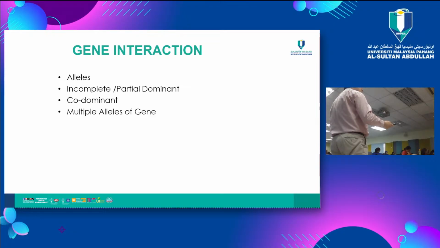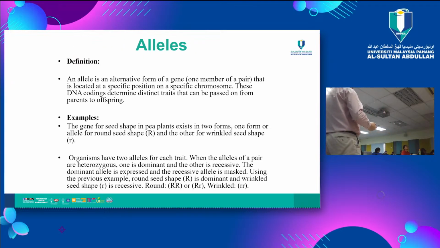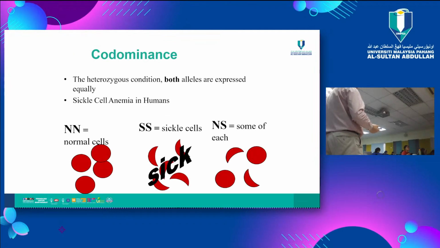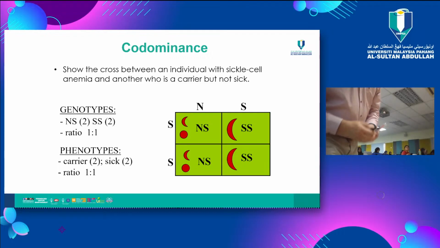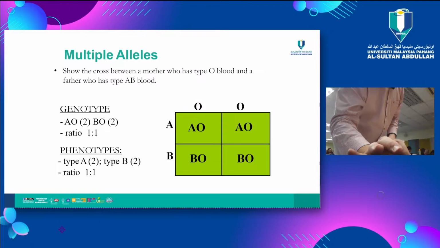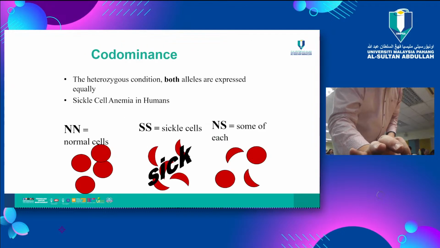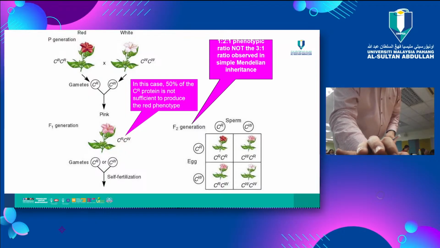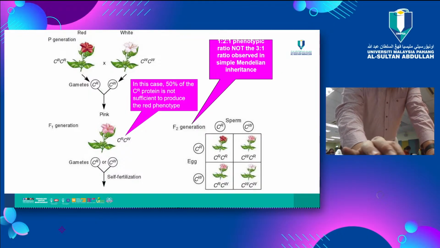So we have talked about the alleles, incomplete, codominant, and multiple alleles of genes.